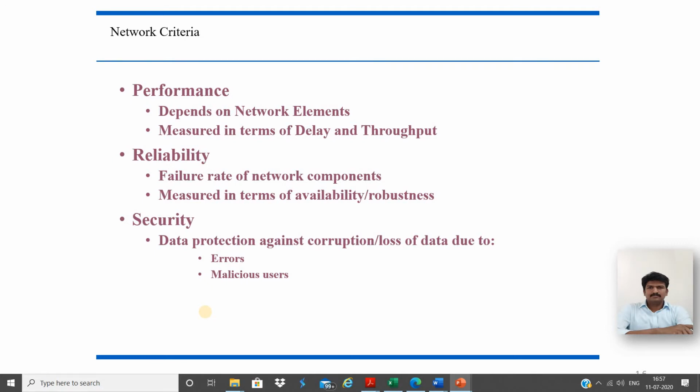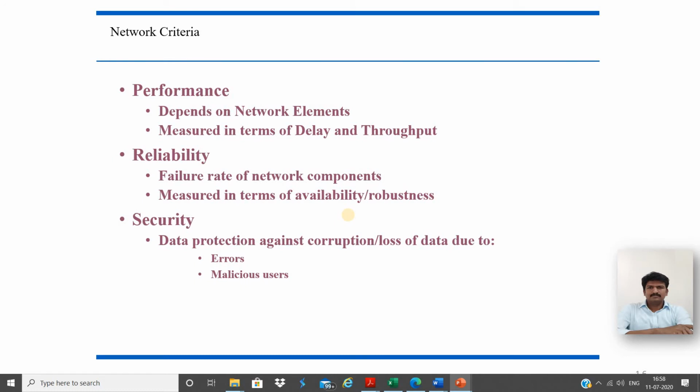Immediately the network needs to be reliable enough to provide the alternate path to transfer the existing data which was passing through the existing path made between the two computers. That is called reliability.